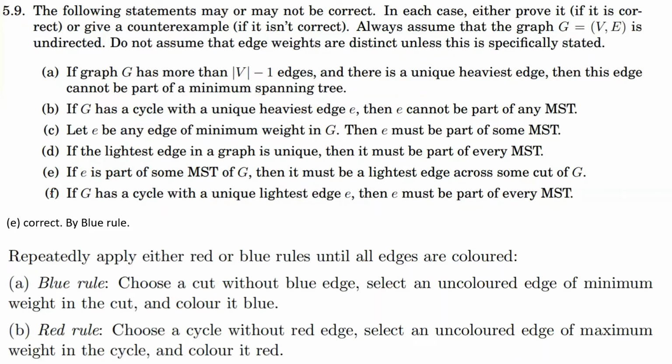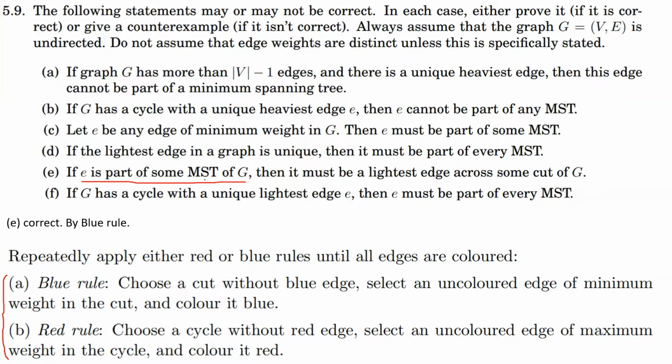And let's go to E. If E is part of some MST of G, then it must be a lightest edge across some cut of G. This is correct because we know that there are two rules, the blue rule and the red rule. If you repeat them again and again, you can finally get an MST with blue edges.